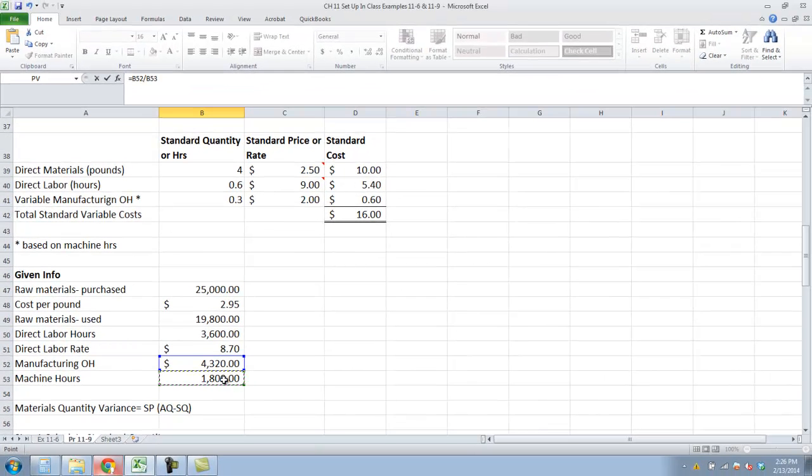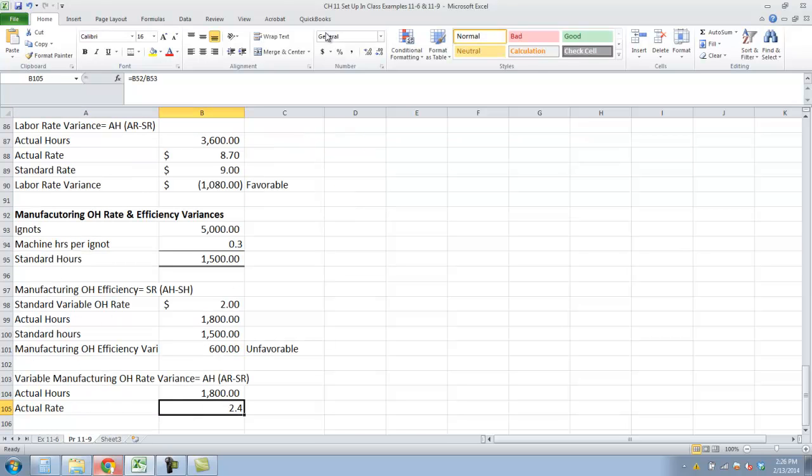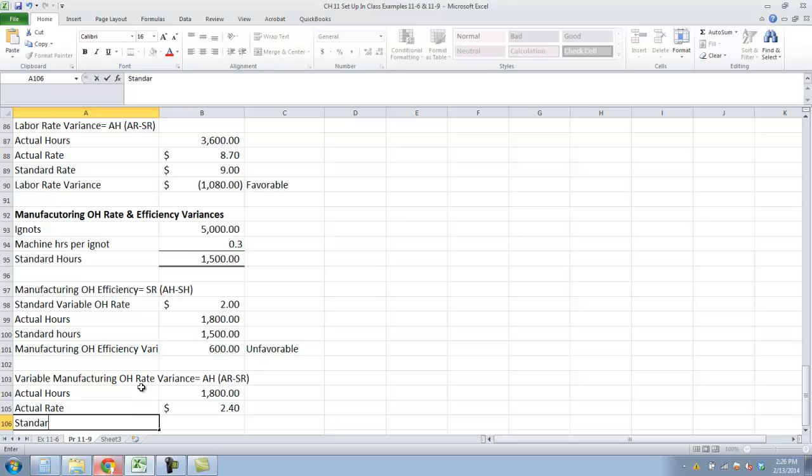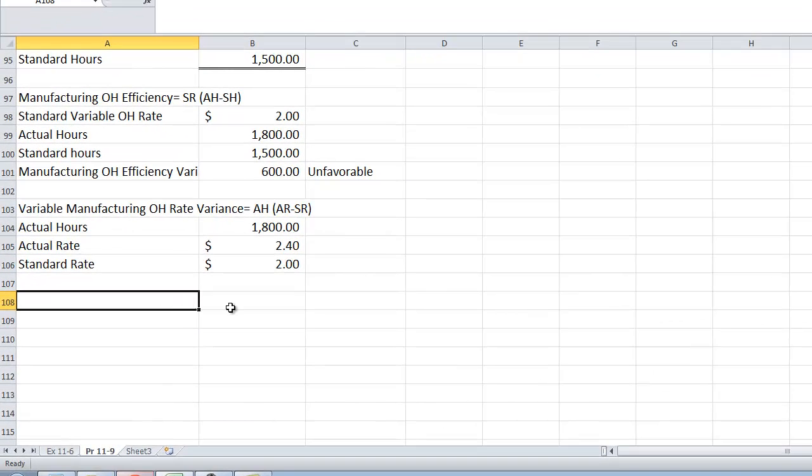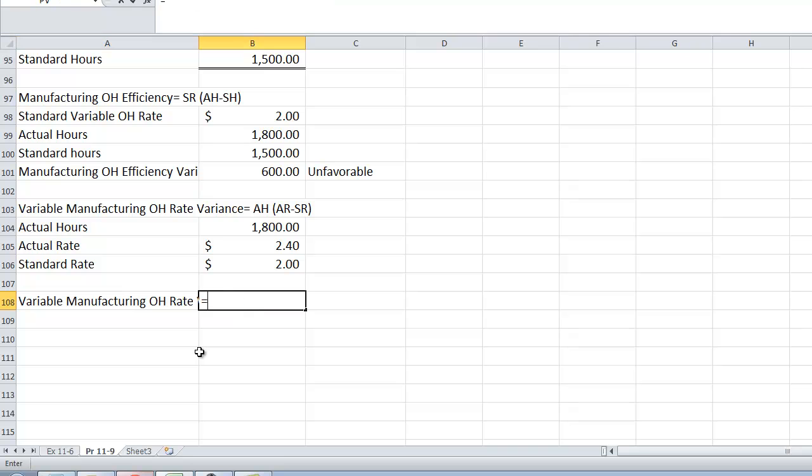It's going to give us our rate. Well, our rate was $2.40. Our standard rate for variable manufacturing overhead was given in the problem as $2. So our variable manufacturing overhead rate variance equals our actual hours times actual rate minus our standard rate. And this is also unfavorable.